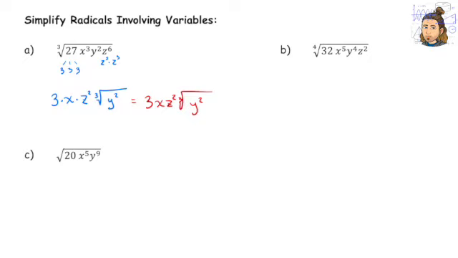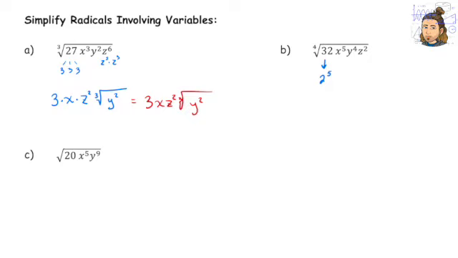All right, let's see if we can do that again here. Looking at the 4th root of 32 times x to the 5th, y to the 4th, z to the 2nd. So looking here, we're going to take the 32, and we're going to turn it into 2 to the 5th.